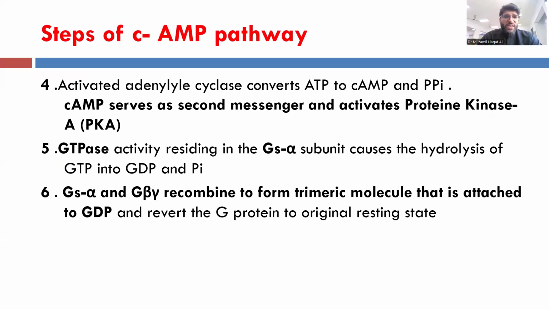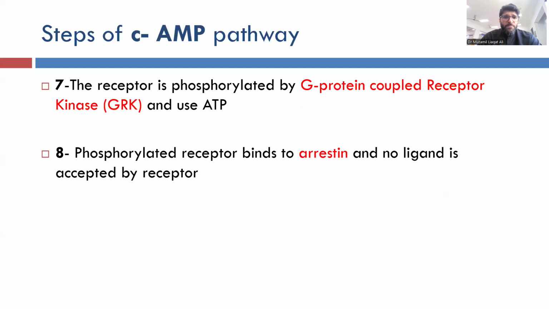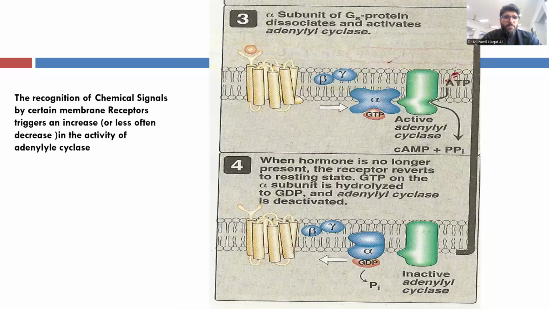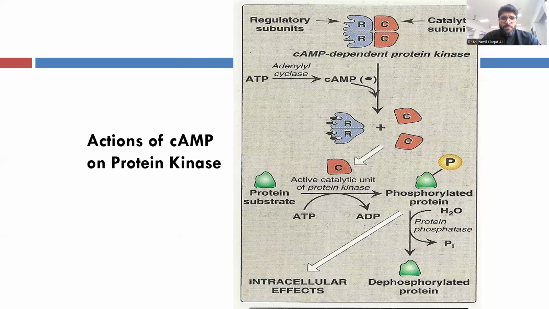As you can see on your screen, these are the steps of the cAMP pathway. These are the actions of the cAMP on the protein kinase. This is what we have already discussed in our previous slides.